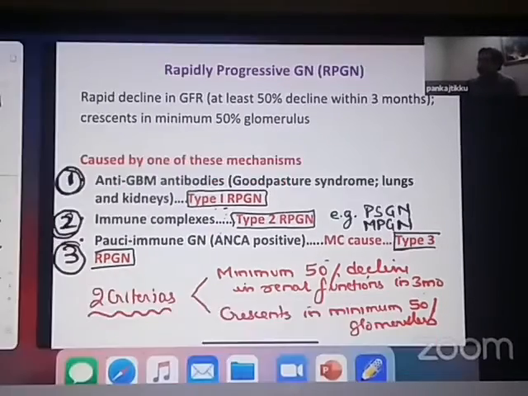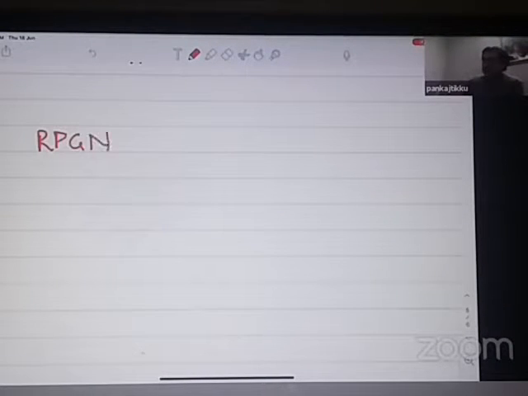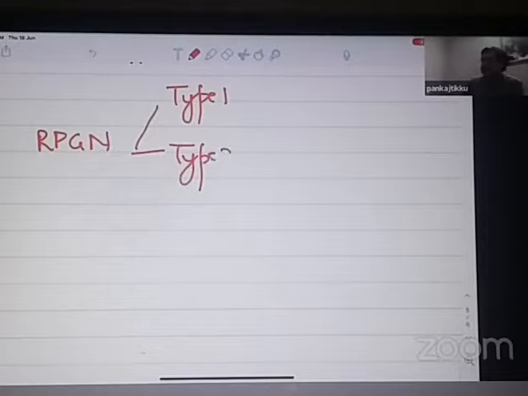I'll just write the same thing here so things are a little better. So RPGN, rapidly progressive glomerulonephritis, can be of three types: type 1 RPGN, type 2 RPGN, and type 3 RPGN.